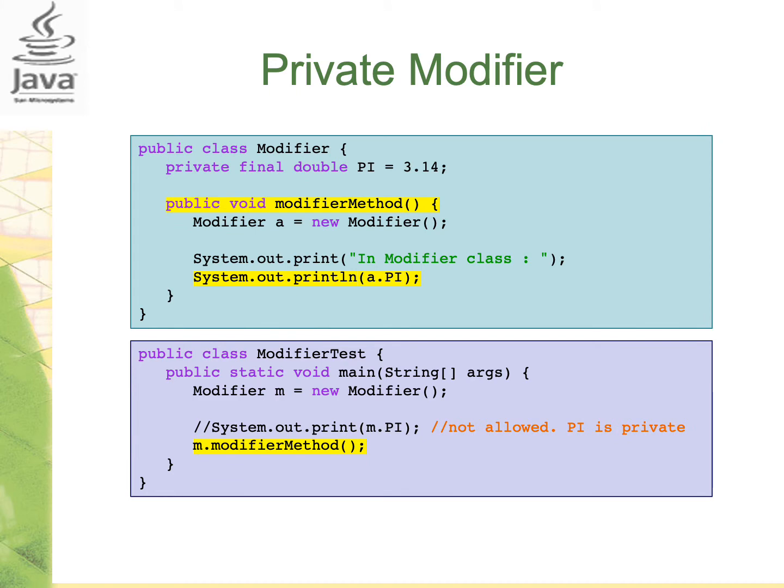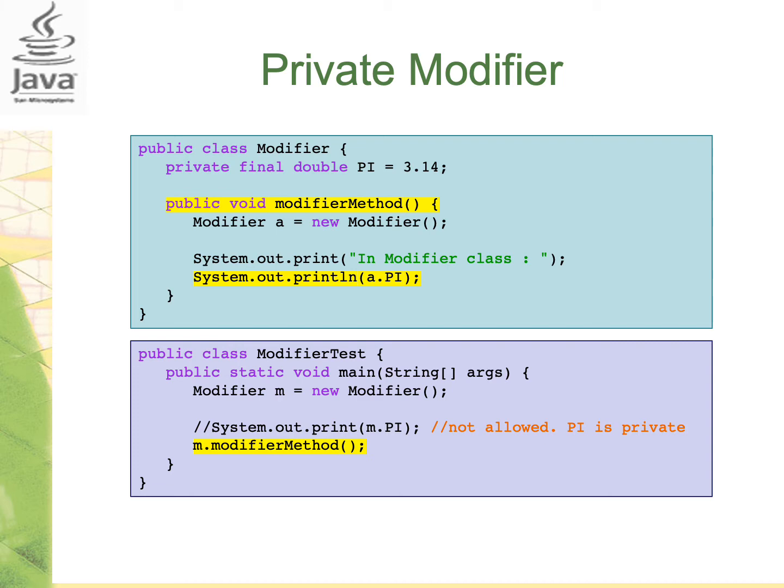In the Modifier class, we have a method called modifierMethod that is public. In the modifierMethod, we create an object of the class itself by writing Modifier a = new Modifier. This is actually unnecessary, but we can do it. We then have a println to display "In Modifier class", and then a println that calls a.pi. We now try to access the private variable pi.